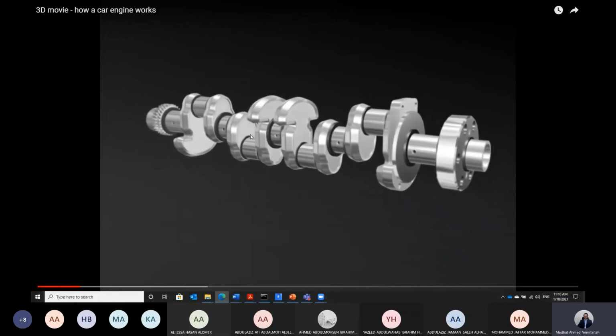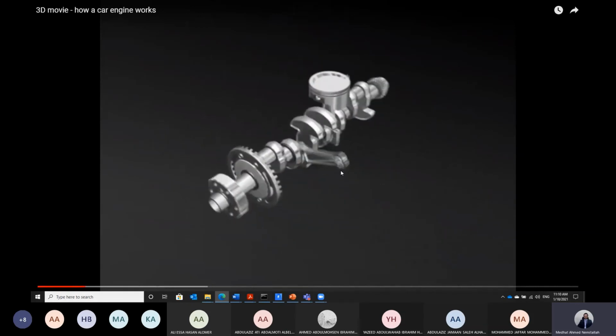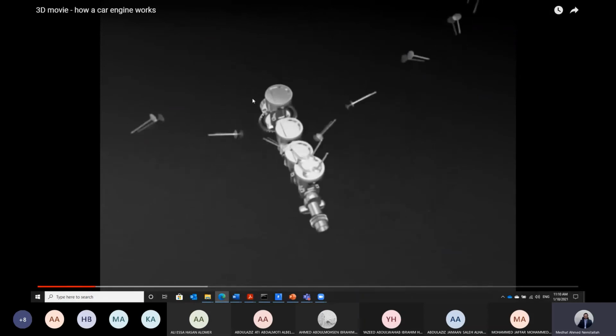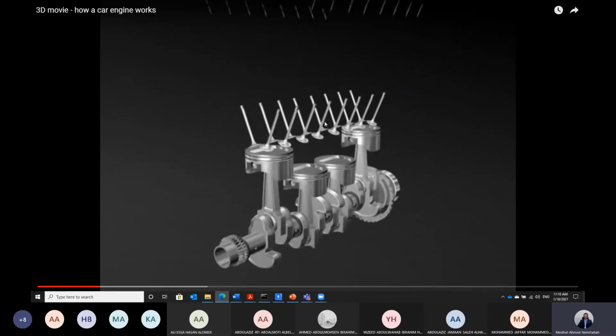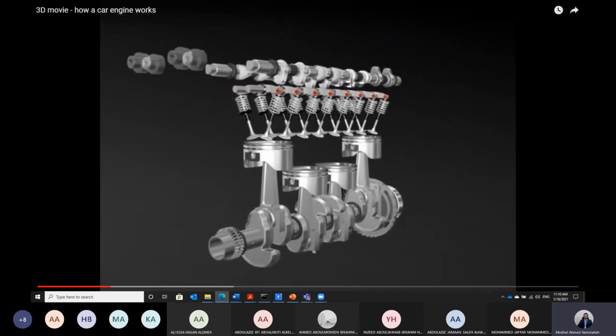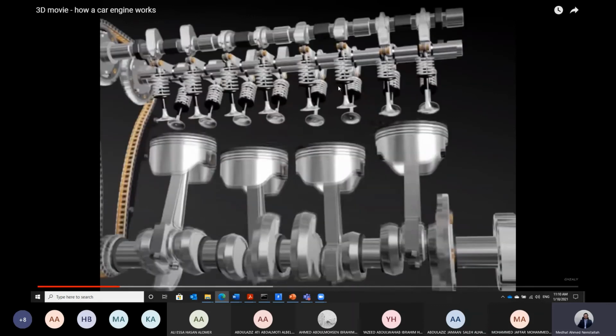So this is the crankshaft. We have the exhaust valves. We have those, guys, that are the camshaft.